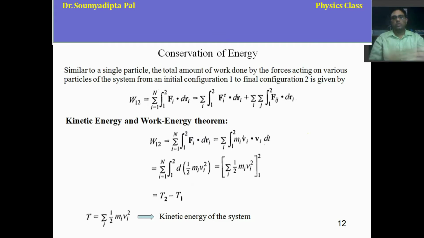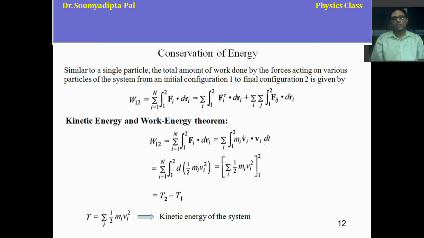Okay, so we know from the single particle case that the change of kinetic energy is basically the work done, if we move that particle from the first position to the second position, or here we are saying configuration, from the initial configuration to the final configuration. Anything you can say, first point to second point, like that.